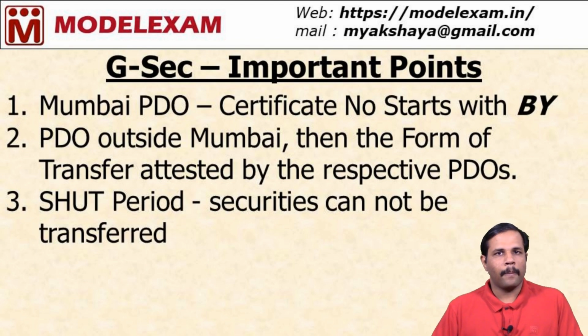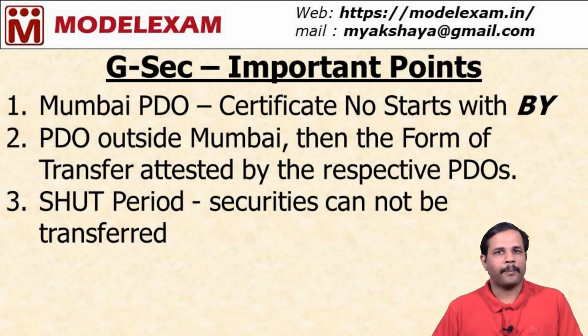So, in order to get the exact ownership position, that is, who is the owner of a particular government security as on a particular date, RBI will announce a period known as the shut period, during which transfer of securities will not be entertained.